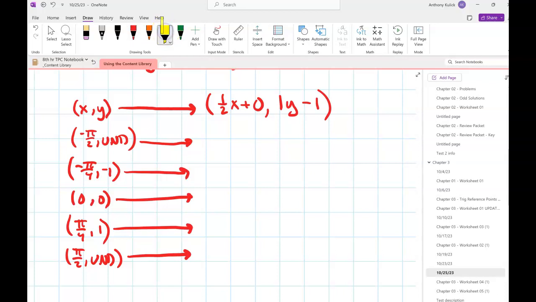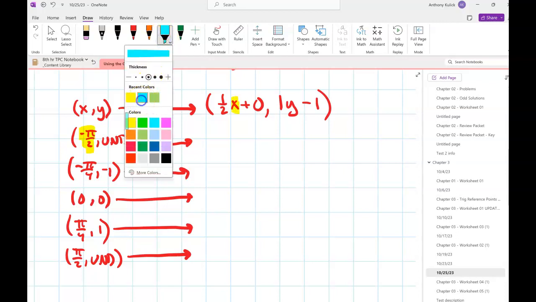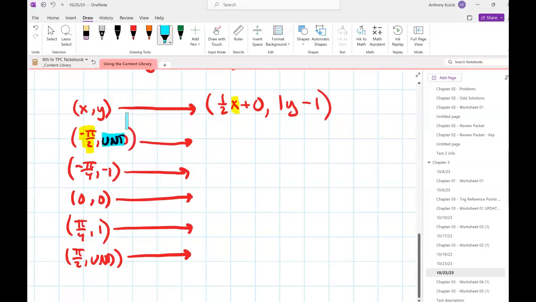All right, and now just like before, I'm going to take my X and plug it into X, and then take my Y and plug it in for Y. So what is negative pi over 2 times 1/2 plus 0?